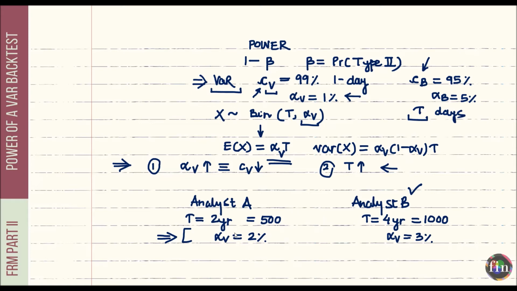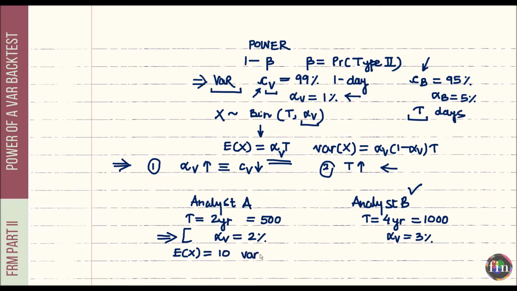So in terms of actual capital setting, I will use some kind of multiplicative factor. Both of them will use these factors. They will be different for both of them, but in the end they would get their numbers up to, let's say, 99% confidence, okay? So let's get back to these analysts A and B. Analyst A, because of the choices that he's making, would end up with an expected number of exceptions, which is alpha V times T, which would be 10.